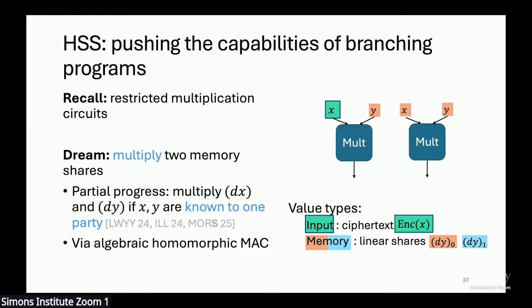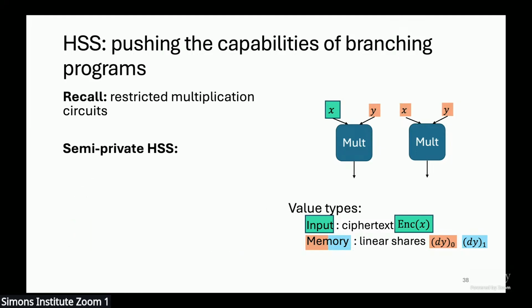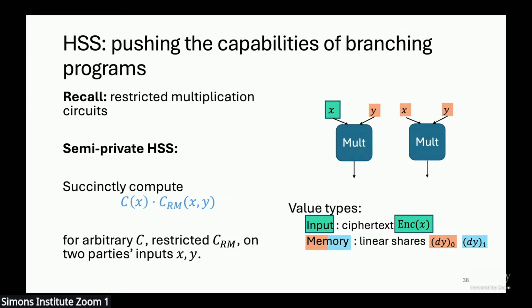It turns out this MAC can be made fully homomorphic using DCR or DDH or a number of other assumptions. This gets you what I view as a kind of semi-private HSS for a more expressive class of programs.